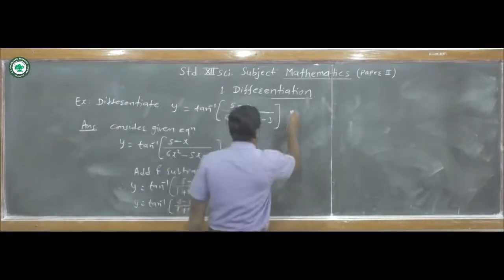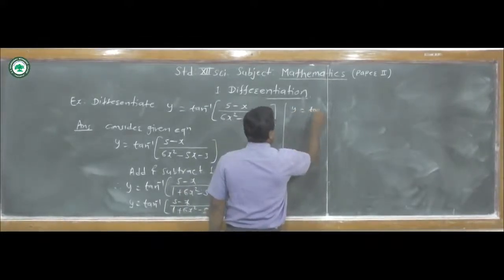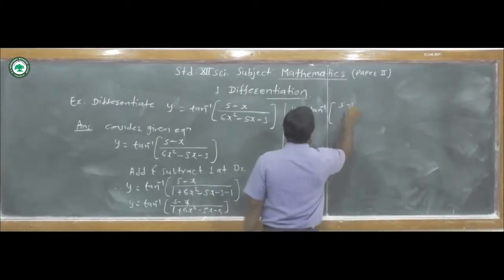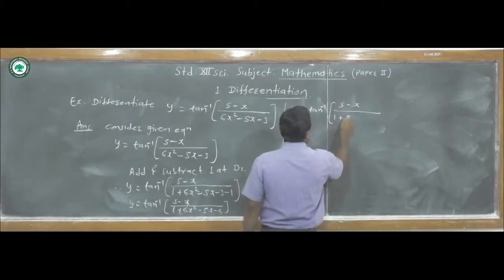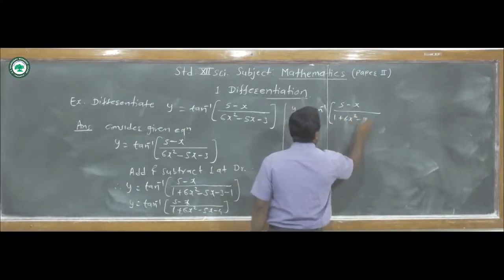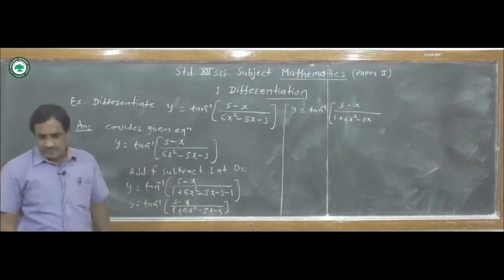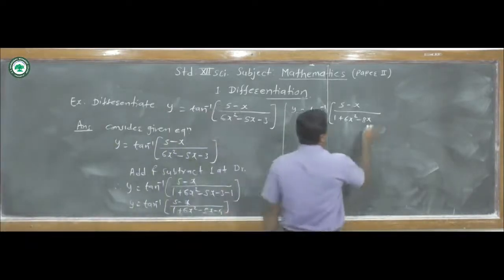Therefore we can write here y is equal to tan inverse of (5 minus x) upon (1 plus 6x square minus 8x plus 3x minus 4).